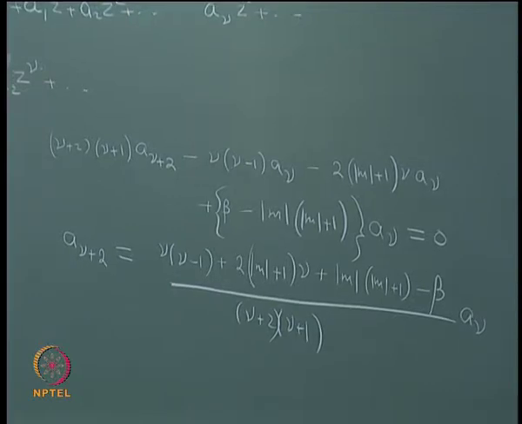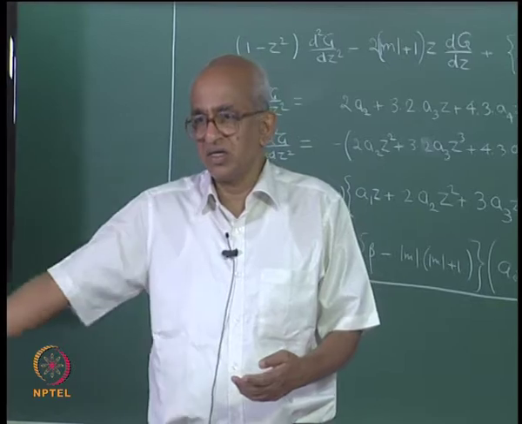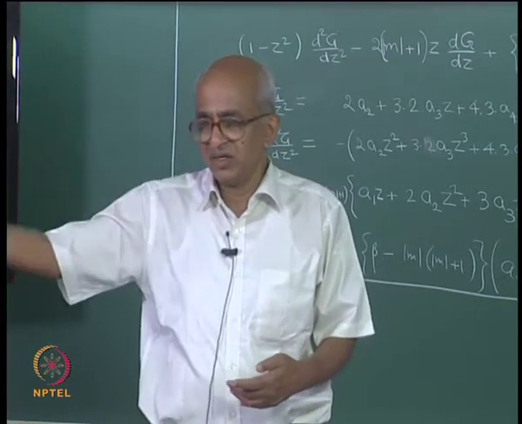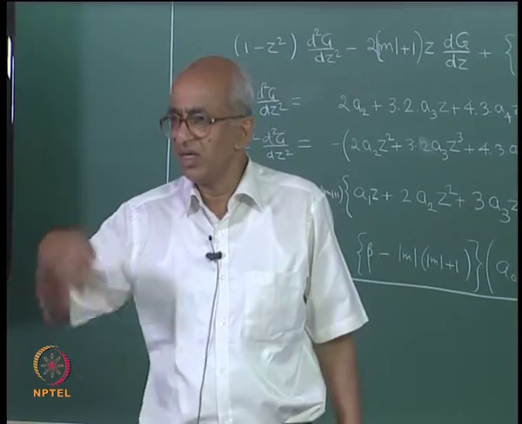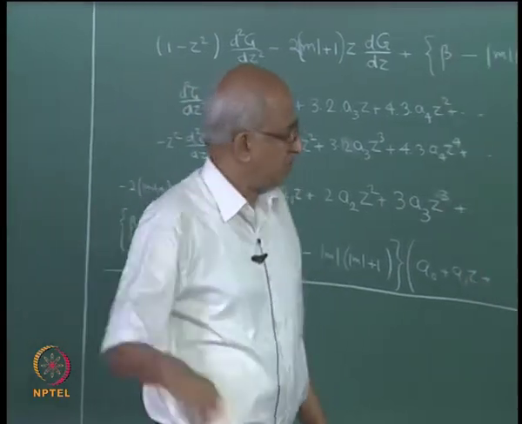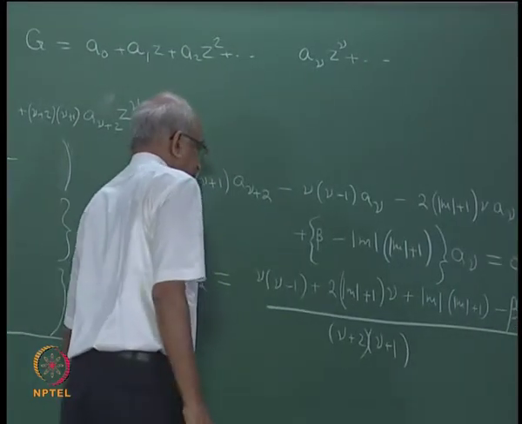So, this is the recursion relationship which will determine A nu plus 2 in terms of A nu. If you give me A0, I will be able to calculate A2, then A4, A6, etc. And similarly, if you give me A1, I will be able to calculate A3, A5 and so on. But this numerator I will simplify.